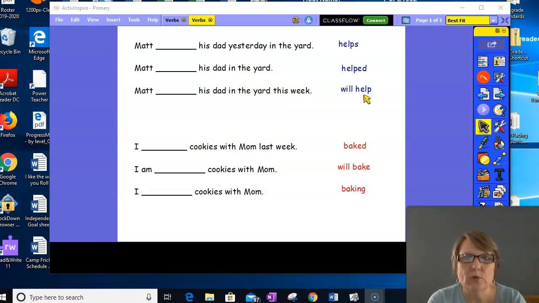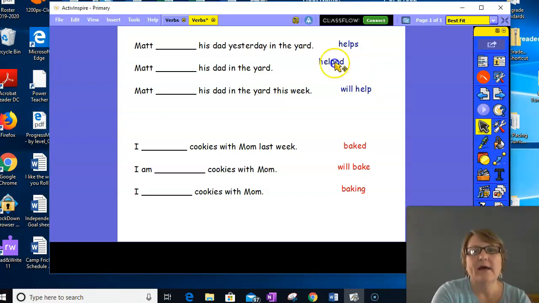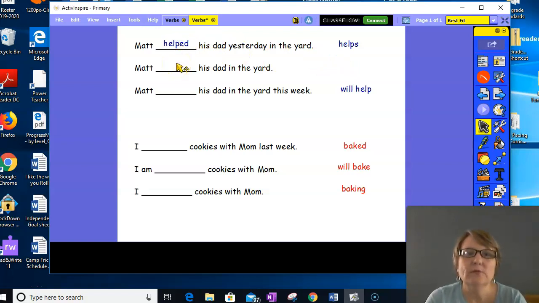Think about which one would be the right tense in this sentence. Helped. Matt helped his dad yesterday in the yard. It is a past tense verb because yesterday is in the past.